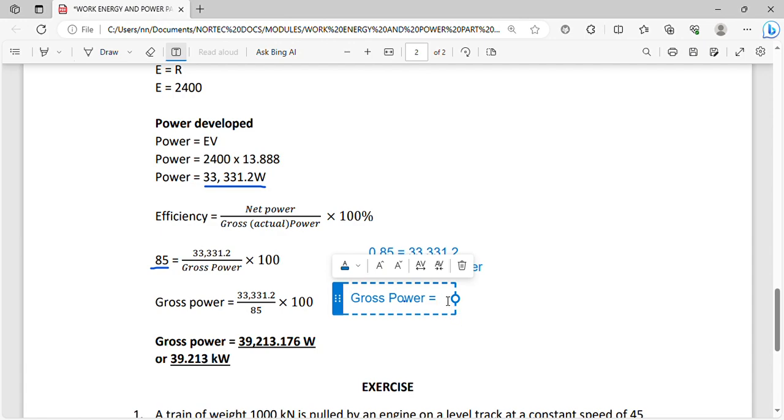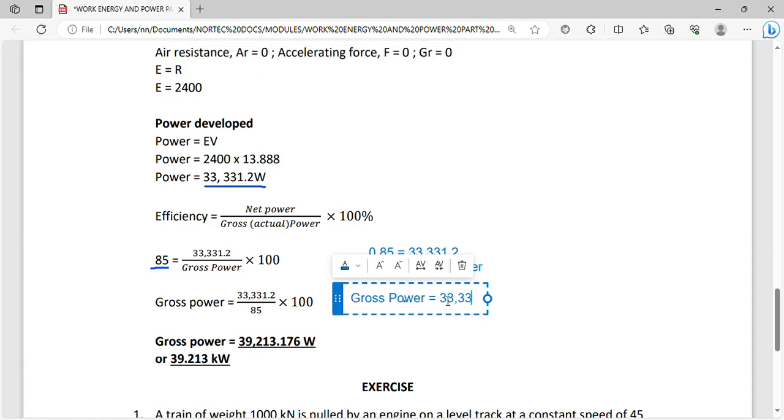It becomes this same 33,331.2. Then I'm dividing by the other number which was there, which is 0.85. Then what happens? So 33,331.2 divided by 0.85.